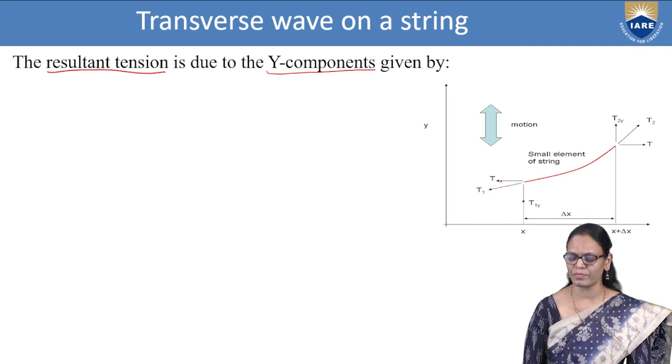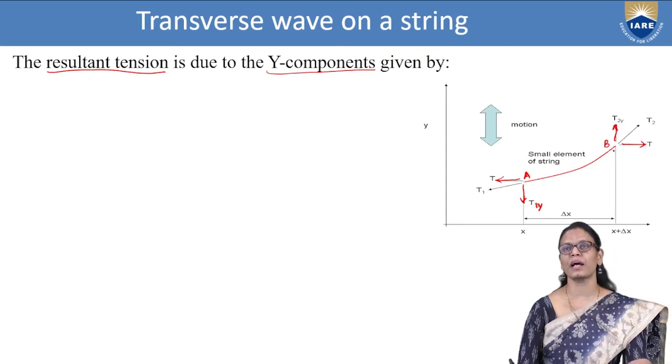So the resultant here is T1y acting in the downward direction at A and T2y acting in the upward direction at B.